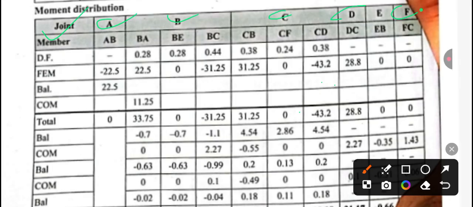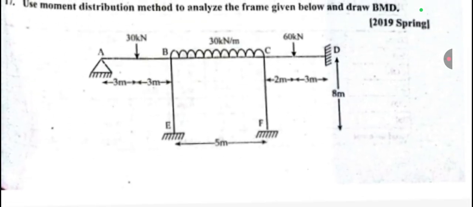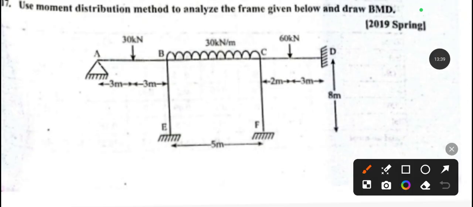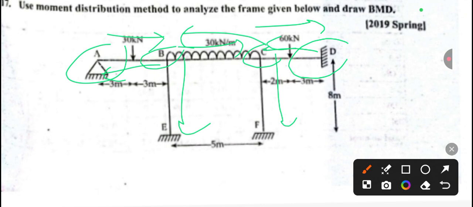And if you look at the frame, you can see we have to write the respective members of a joint. So at joint A, we have member AB. For joint B, BA, BC and BE. For joint C, CB, CD and CF. For joint D, DC. Okay, we have to write the respective members.